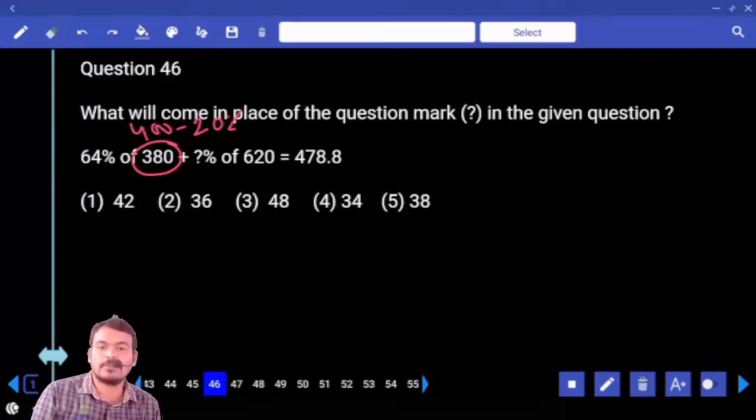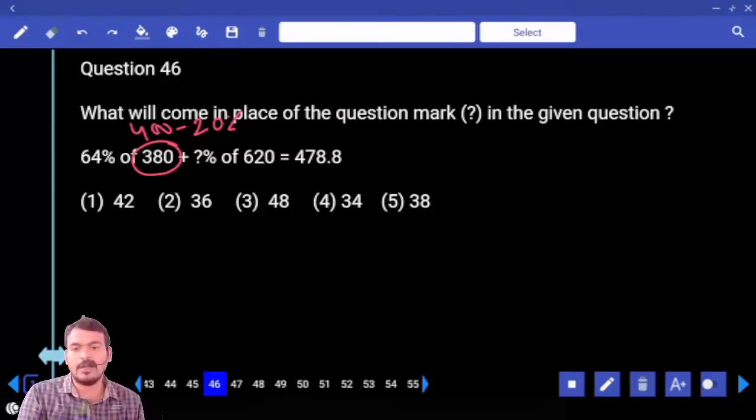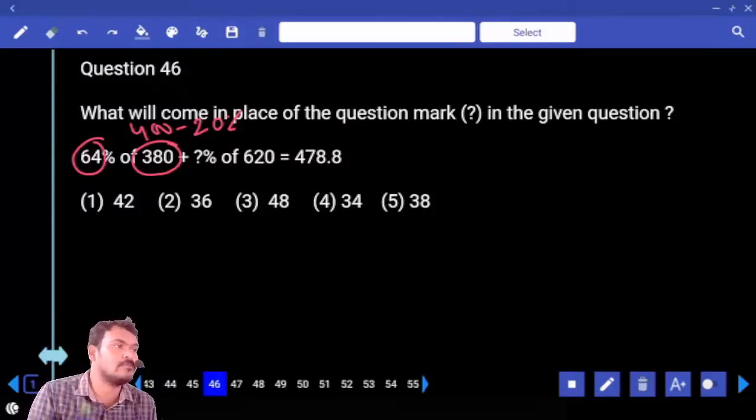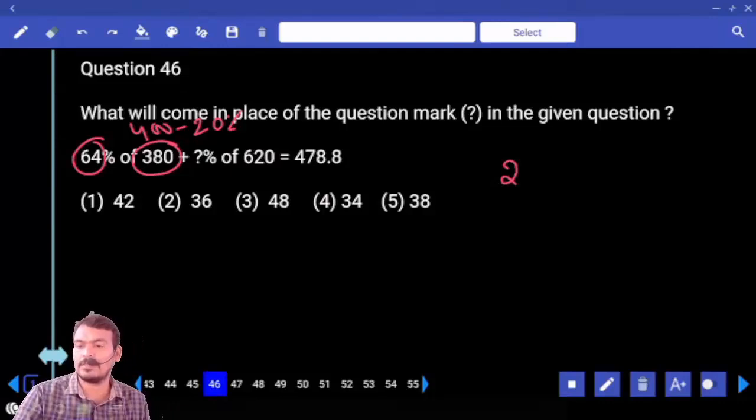Either 64% of 380 or 380% of 64. Both are the same or different? Same. 400% minus 20% is nothing but 380% value or not? What is the 100% value? 64. 200%, 128. 400%, 256.